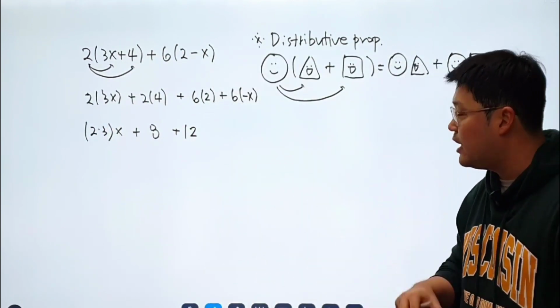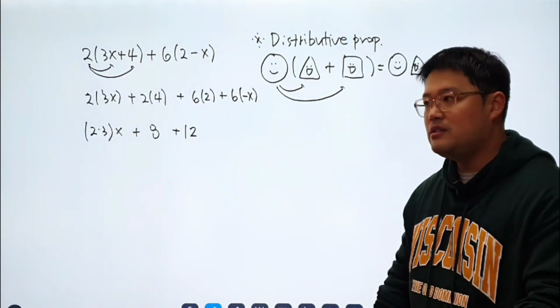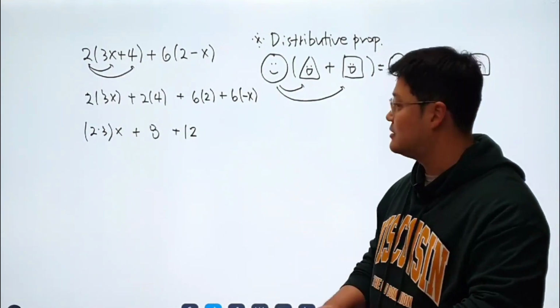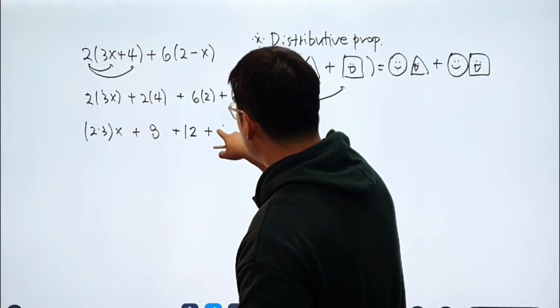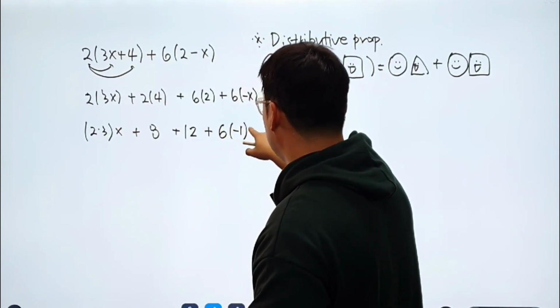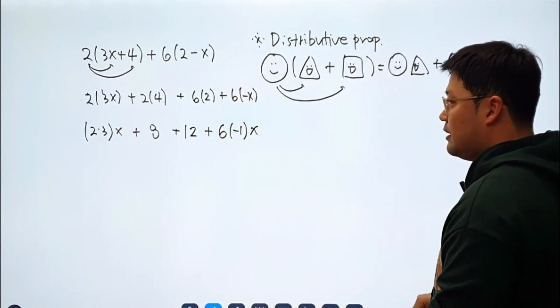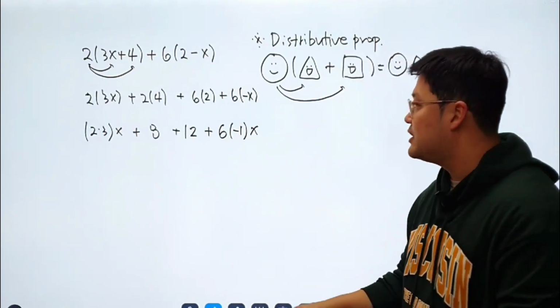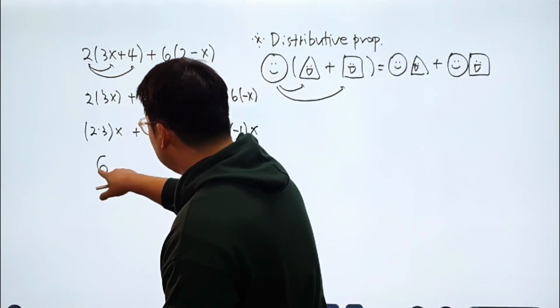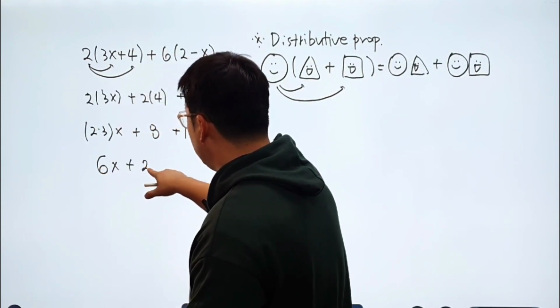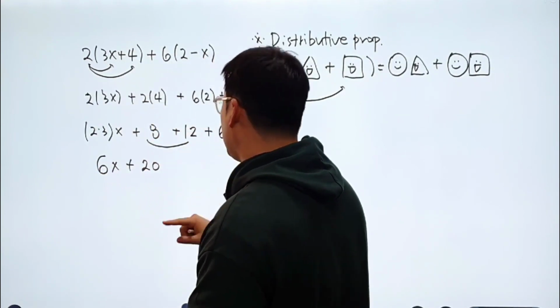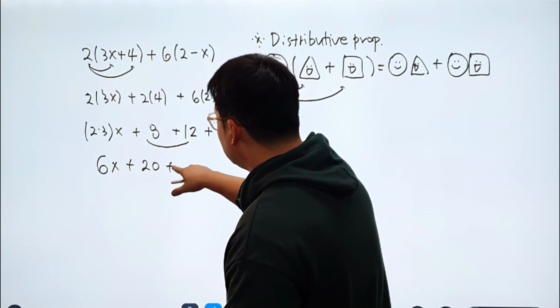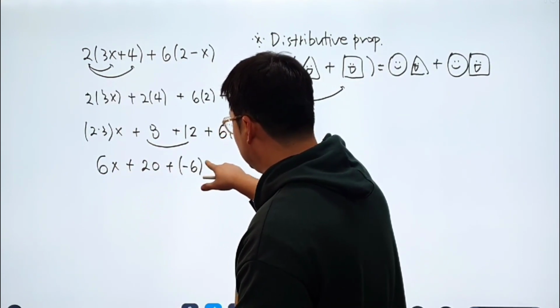What do you know about 6 times negative x? Oh, that's a little bit tricky. What do you know about negative x? It means that we're multiplying negative 1 by x. So it would be 6 times negative 1 times x. And 6 times negative 1 becomes negative 6. So we got 6 times x plus 20, because if you group these two terms, 8 plus 12 is 20, plus negative 6 times x.